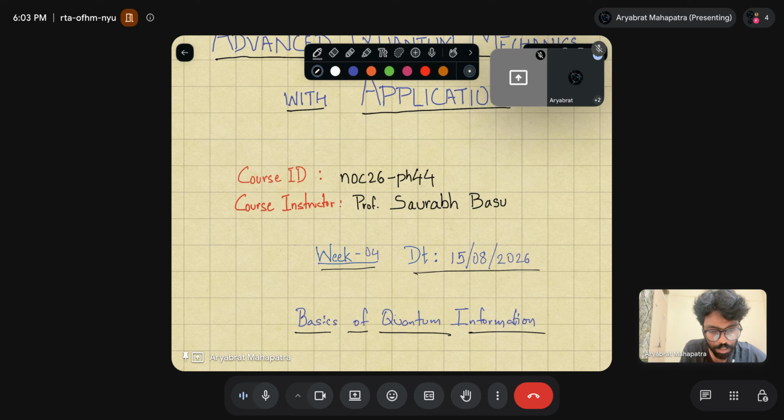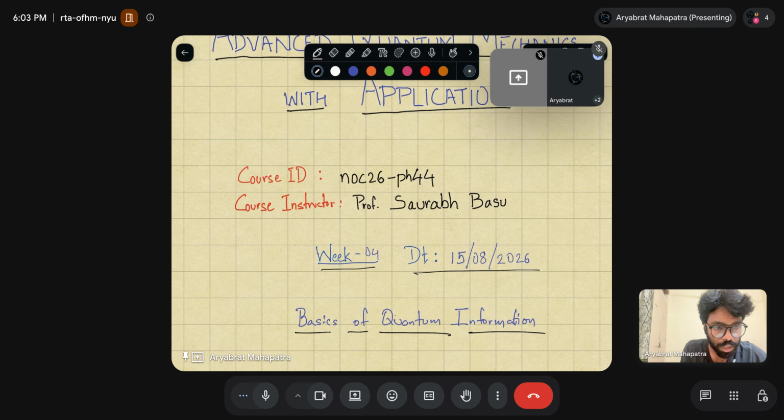It is the foundation of quantum computing. If you know about classical information, which we study using the notion of bits, which are essentially the basics of classical computing, just like that we have quantum information here.